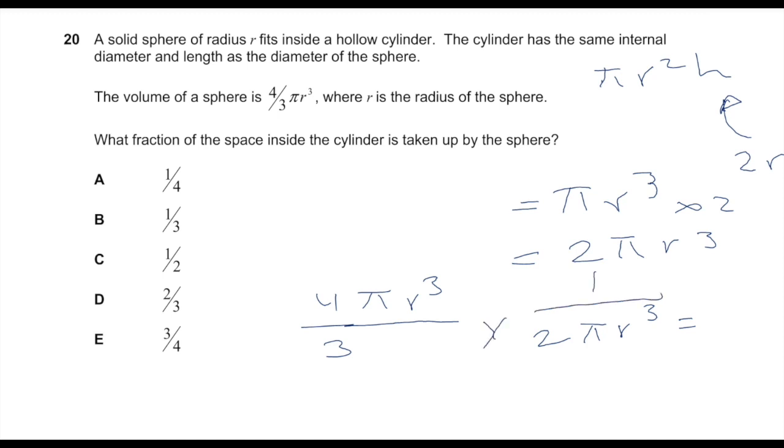We can straight away cancel the pi's, cancel the 2 here, 4 divided by 2 is 1, and r cubed cancel out each other, and then you're just left with 2 over 3, and therefore the answer is D. That's question 20 completed.